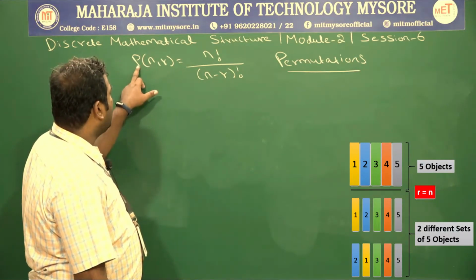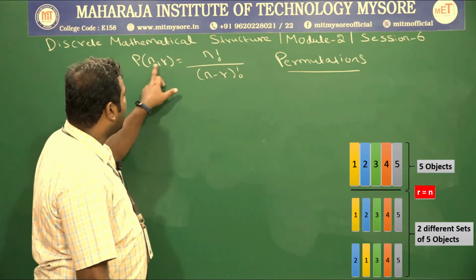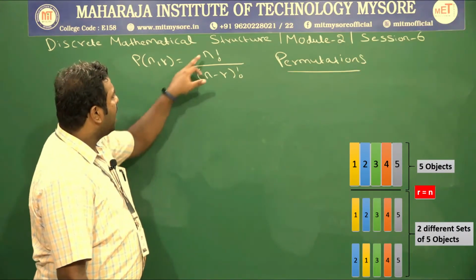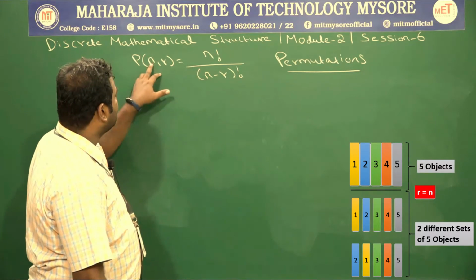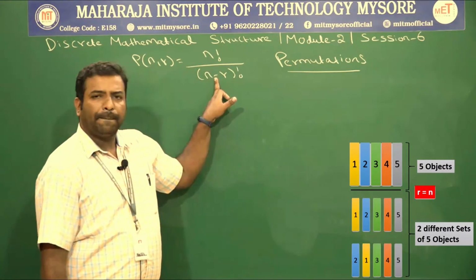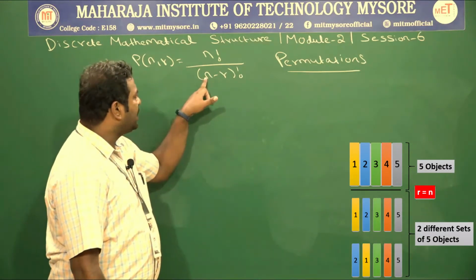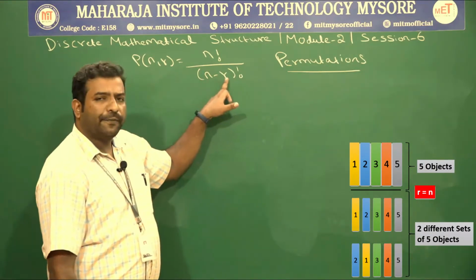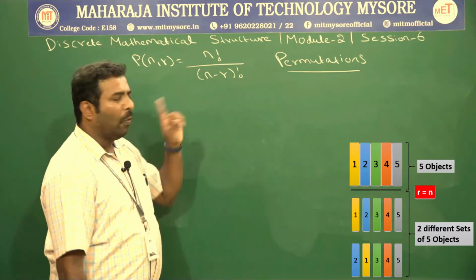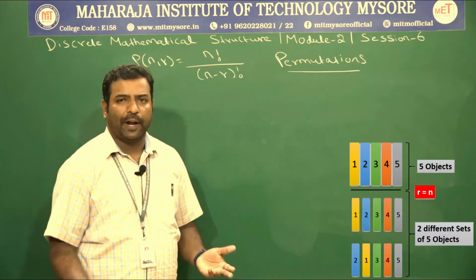So now I am going to have P with n and r the same. For example, if this is 5, I'll have 5 factorial divided by 5 minus 5, which is 0 factorial, which is 1, so this is going to be n factorial.